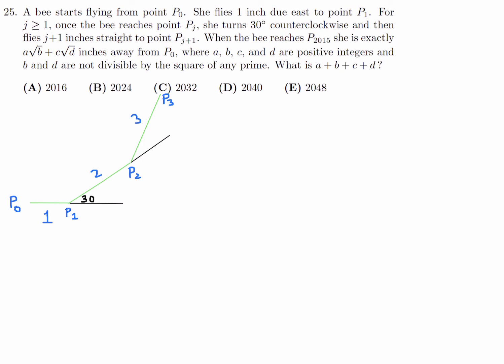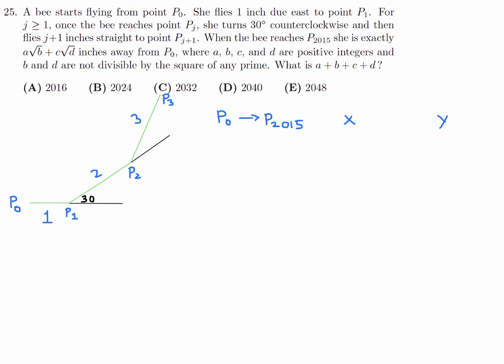Now you say, okay, well, how do I approach this? Our goal is to go from P0 all the way to P2015. In this diagram, I just showed you from P0 to P3, but we've got to go all the way to 2015. And when we do that, eventually, we will have traveled a certain distance in the x direction and a certain distance in the y direction.